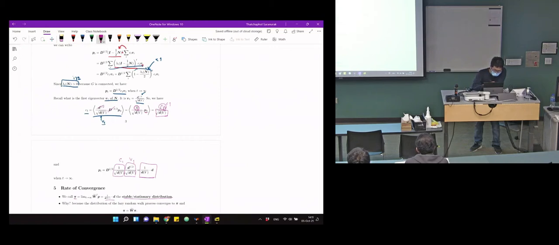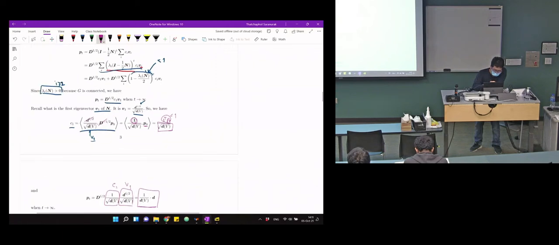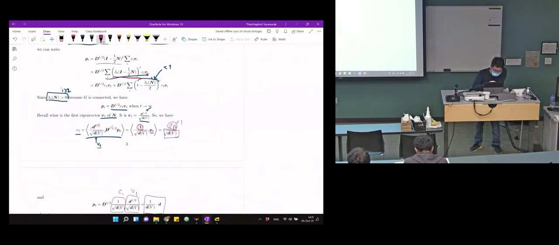Just recall this: we write down pt as this expression, which is nothing but writing this in the eigenbasis, and we have this expression. I will just continue from here.